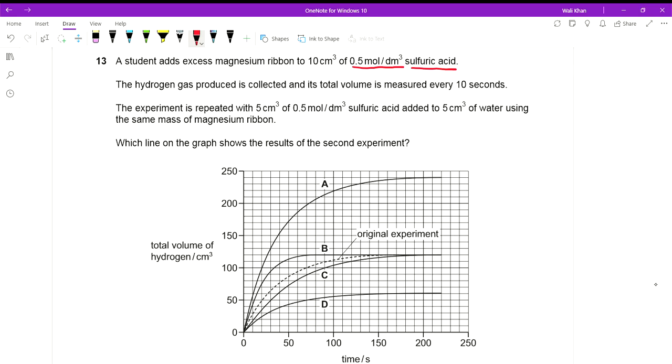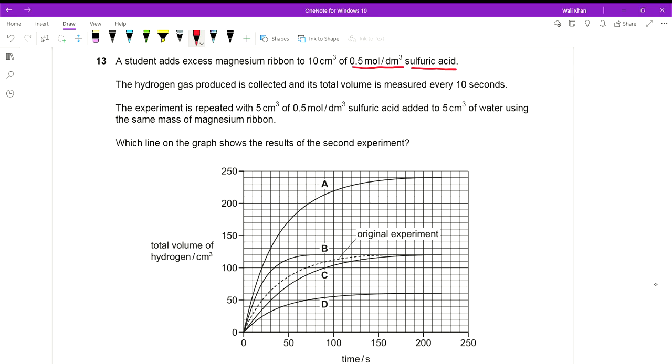The hydrogen gas produced is collected and its total volume is measured every 10 seconds. The hydrogen gas produced by this reaction is collected and its total volume is measured.